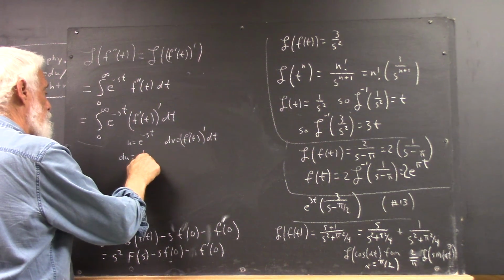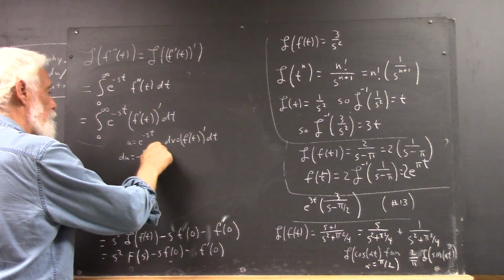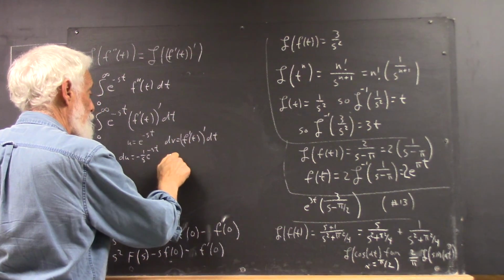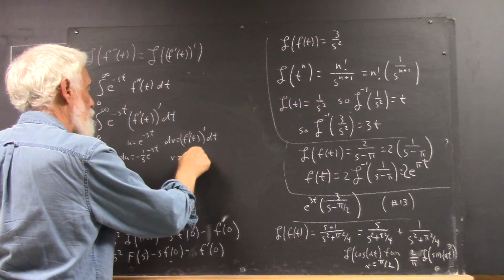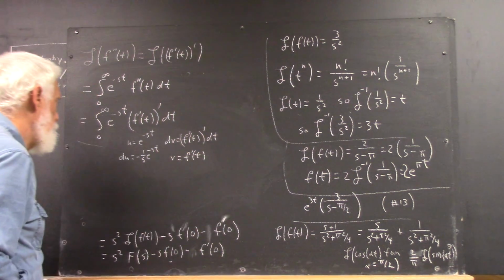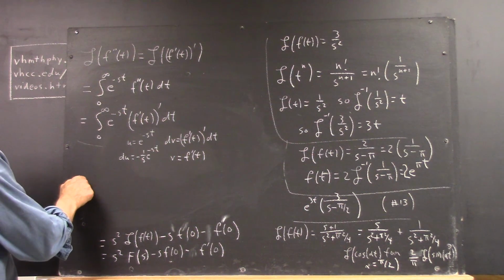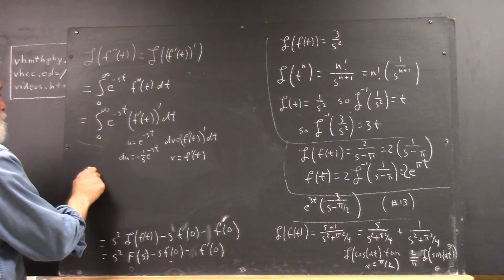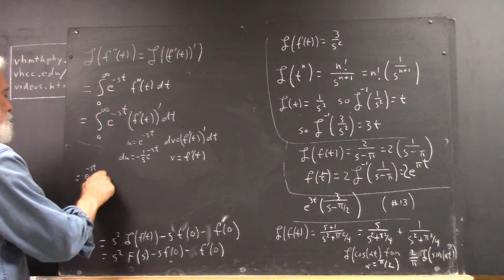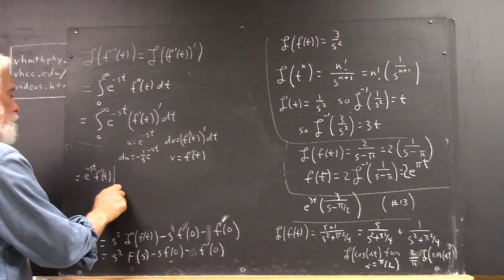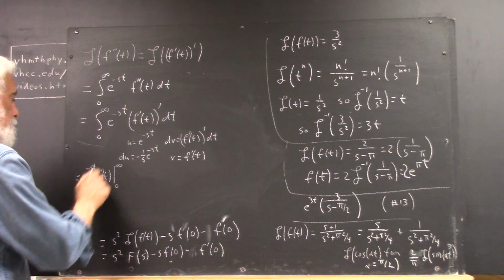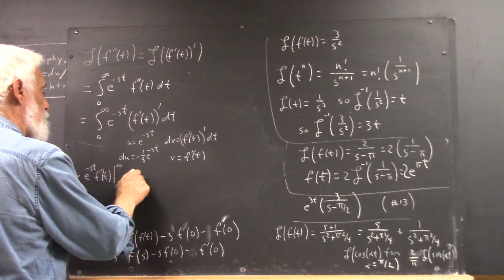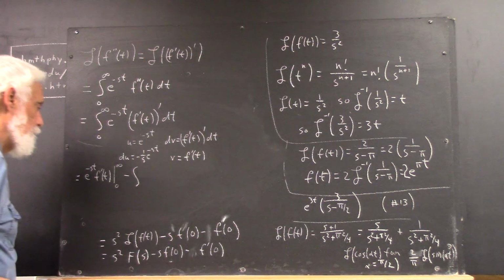So that du, very familiarly, is negative 1 over s e to the negative st. Integrating the derivative of f prime of t, we find that v just equals f prime of t, so that our integral becomes what? It becomes uv, which is e to the negative st f prime of t evaluated from 0 to infinity, minus the integral of what?